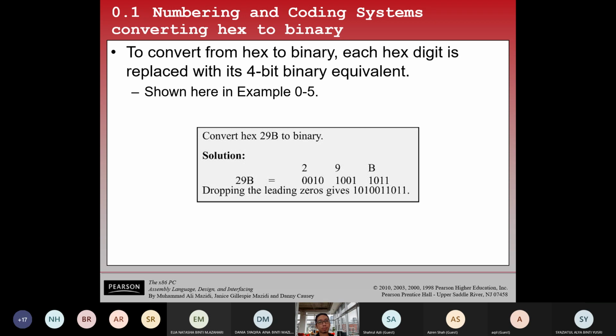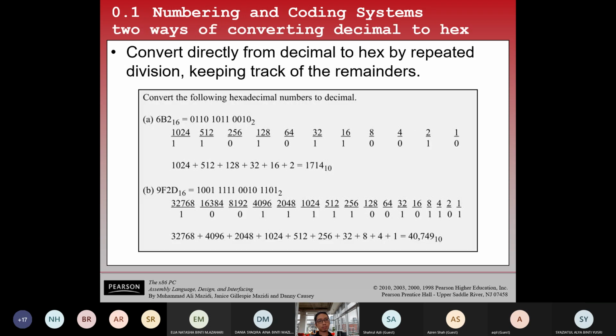A is 10, B is 11. So you need to get 11. 11 is 8 plus 2 plus 1, 8, 9, 10, 11, right? 9 is 8 and 1, and 2 is 0, 0, 1, 0. So you obtain that. So that's how you obtain the conversion.